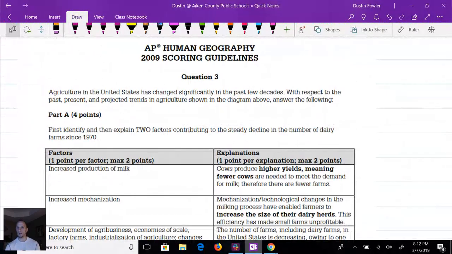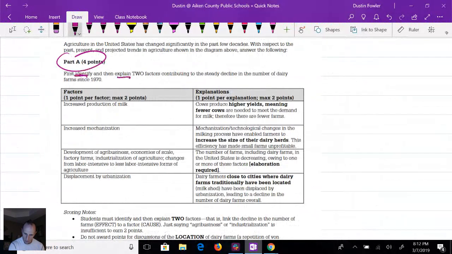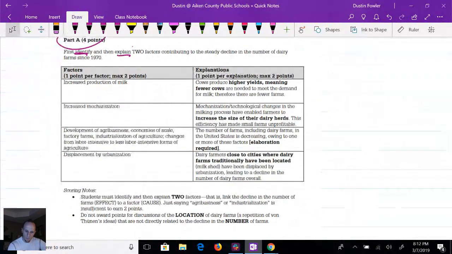Everyone who scored question 3 looked at this exact rubric while they were scoring the responses. For part A, identify and then explain the 2 factors contributing to the decline. On the rubric, it says one of those factors could be an increase.